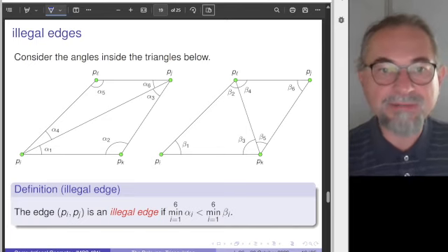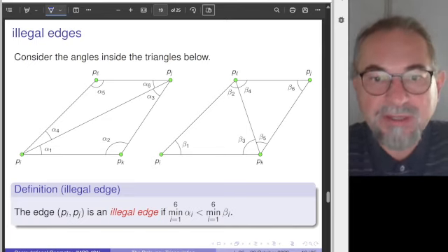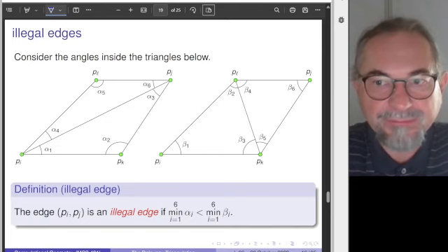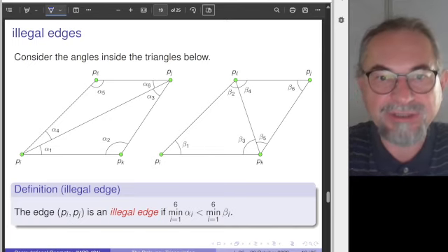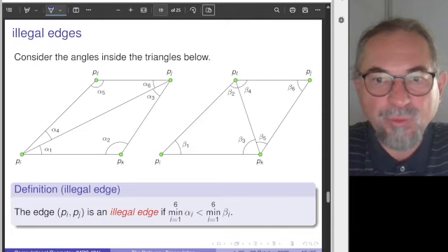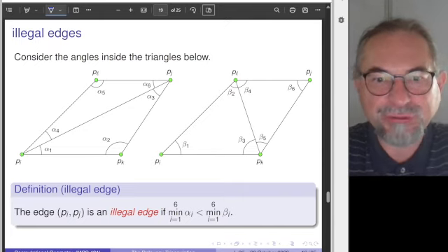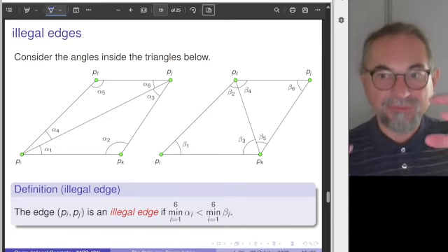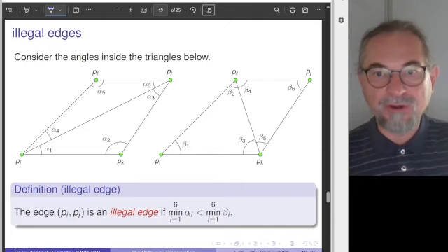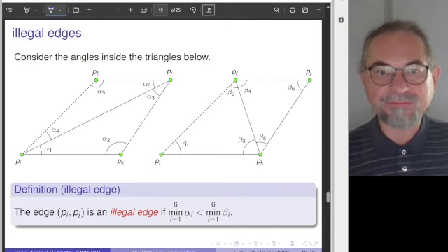Okay, so here is where we consider illegal edges. If we consider two adjacent triangles, so the triangles share an edge, then one of these edges is illegal if the minimum of all the angles of the two triangles is less than the minimum of all the other angles.